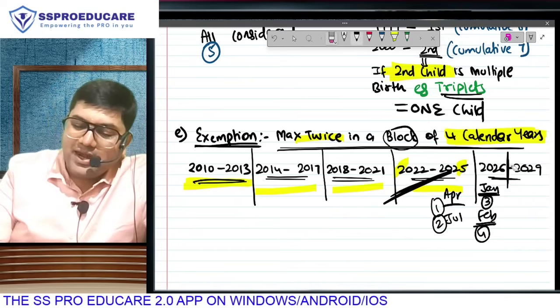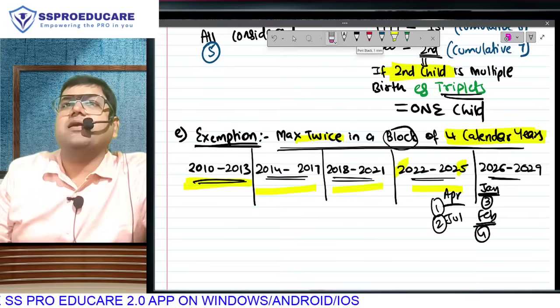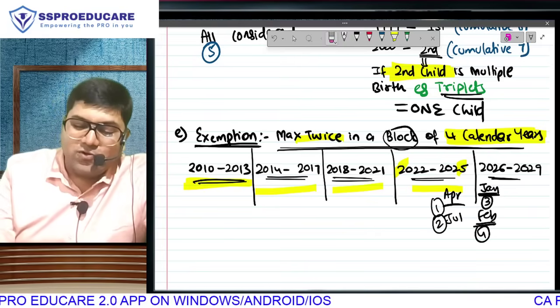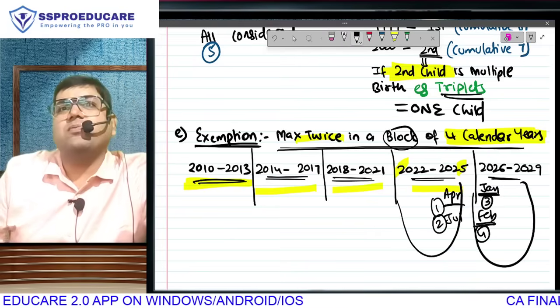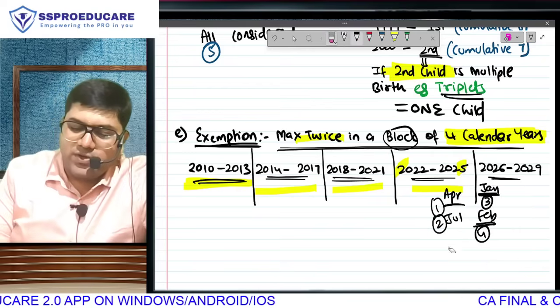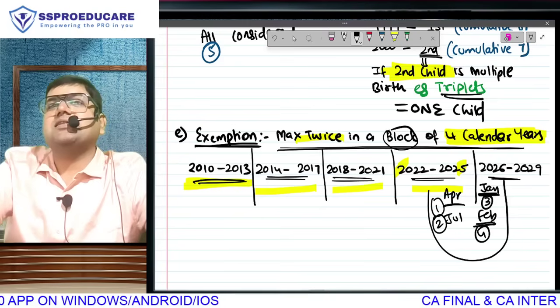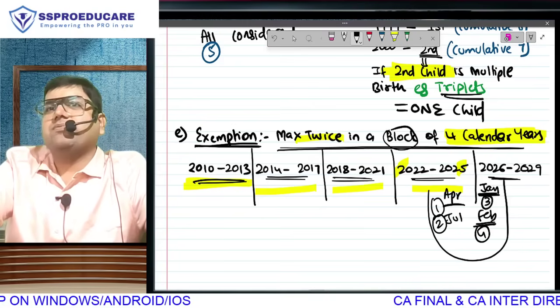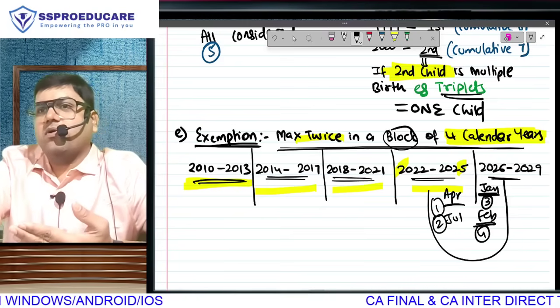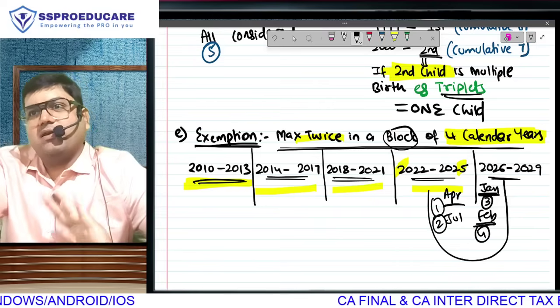So we can do some manipulation to a limited extent, but ultimately it won't be more than 2 in this period, it won't be more than 2 in this period. You have coincidentally ended up bringing 4 in one financial year, but more than this you will not be able to take tax exemption in this block or that block. So you understood the official rule and how we can manipulate?